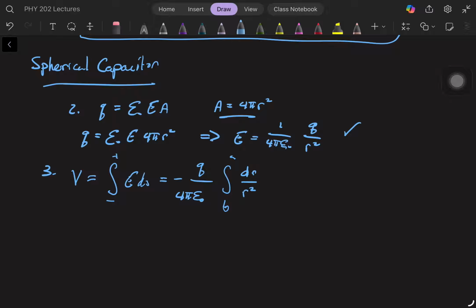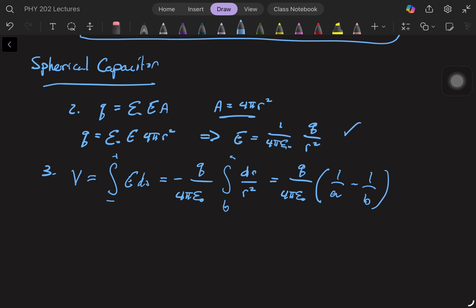So we're integrating r to the negative 2. And so that gives us a negative 1 over r. All right, so that minus sign is going to go away. And we get Q over 4 pi epsilon naught, 1 over A minus 1 over B.